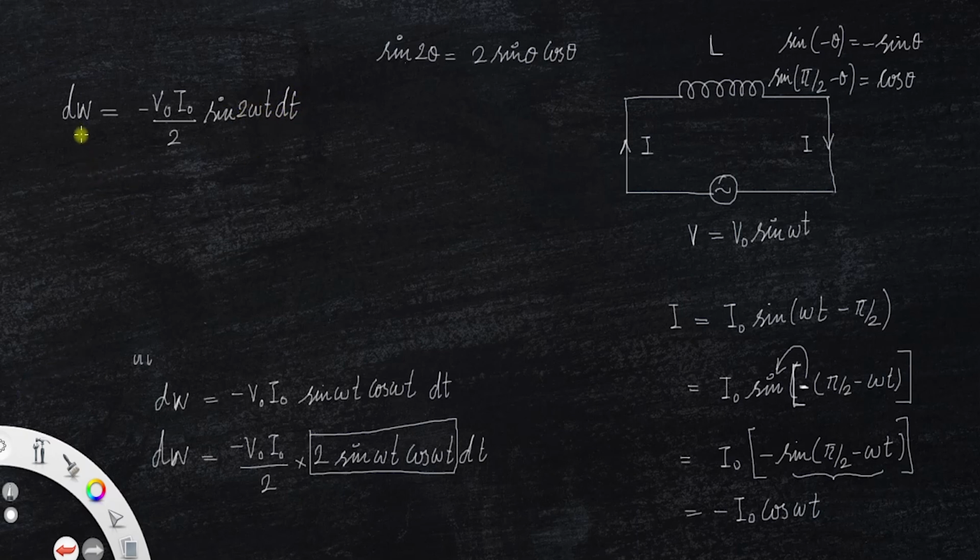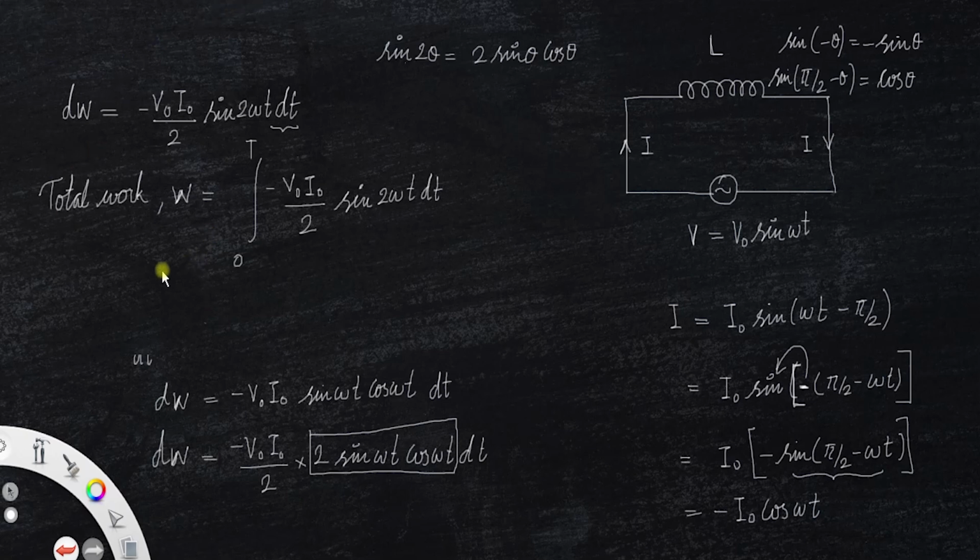This is the work done at any instant. To get the total work, let's represent it as W, you need to integrate it. The variable here is time, so from 0 to the full time period T, minus V0 I0 by 2 sine 2 omega t dt.